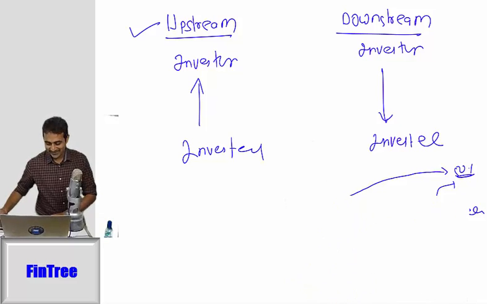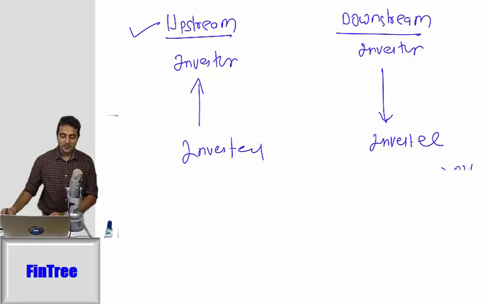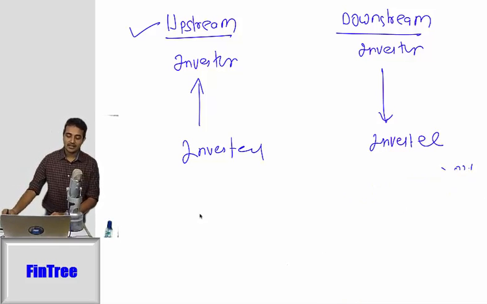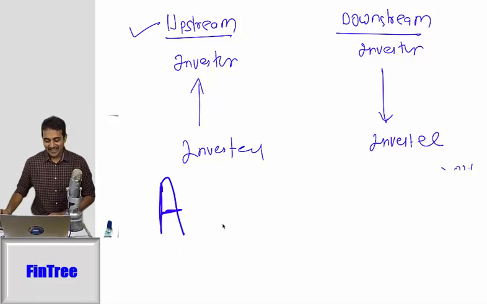Okay, one more attempt. This is A. This is B. B is made of two parts.